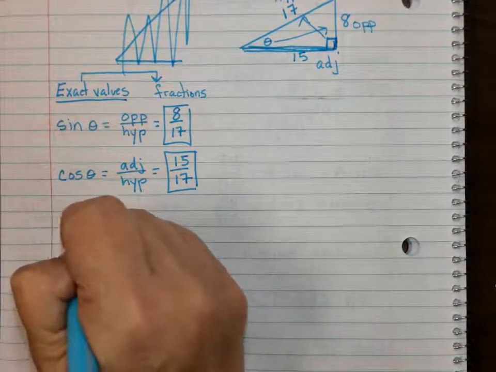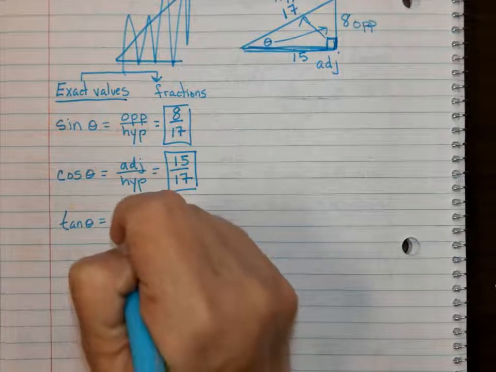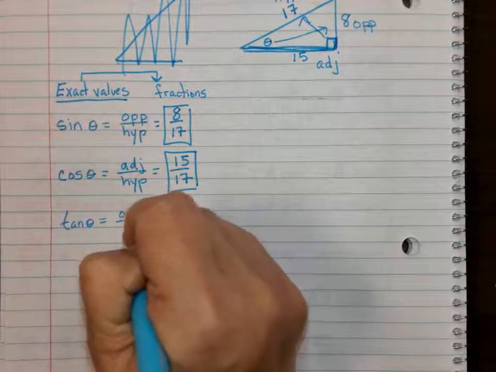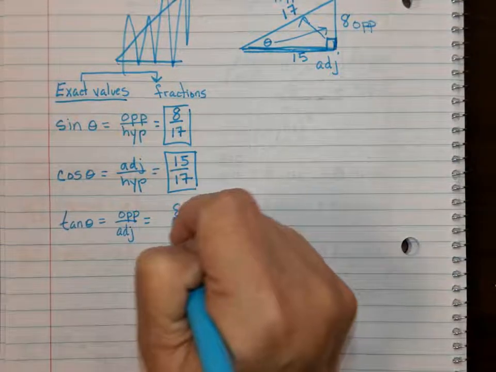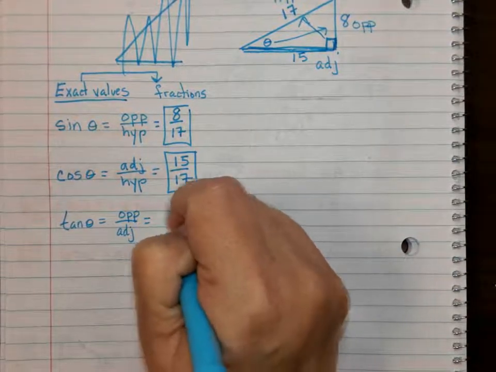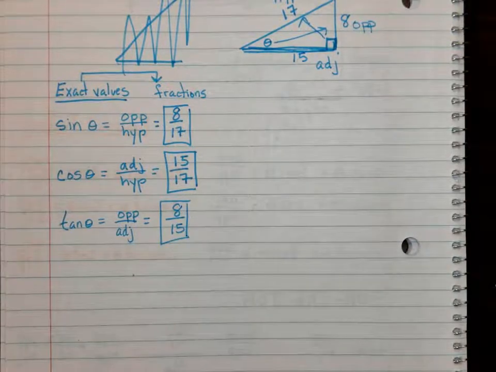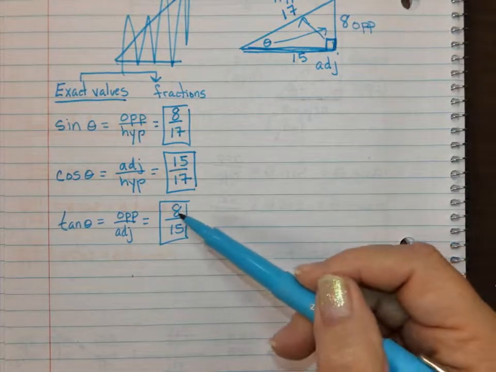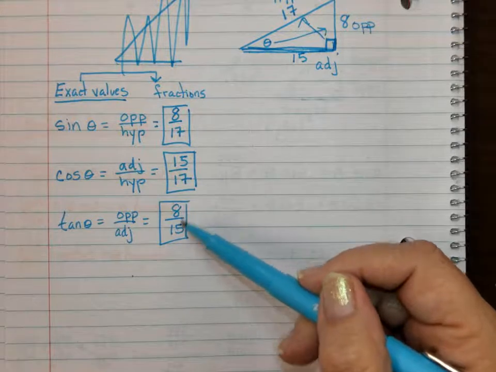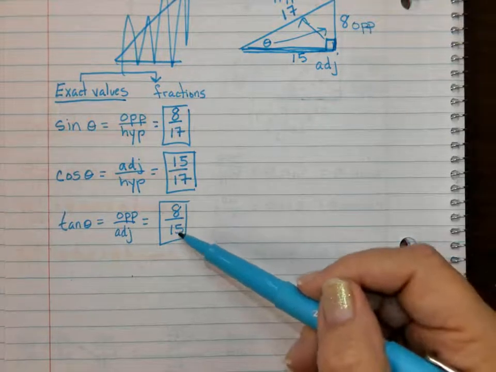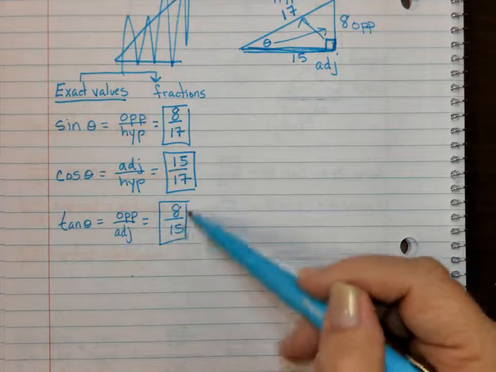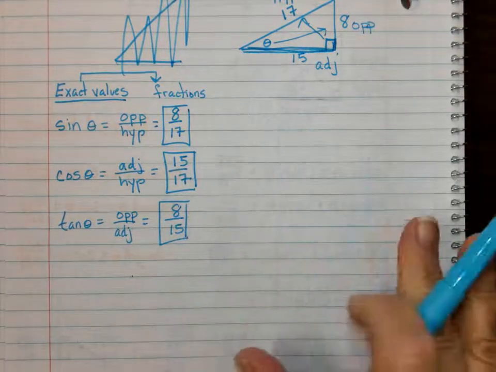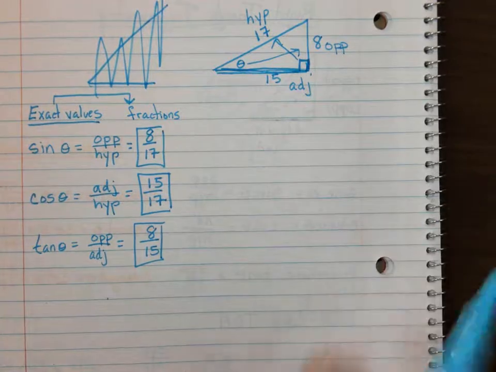Alright, then tangent of theta is opposite over adjacent. So that's going to be 8 over 15. Now, if this fraction could be simplified, like if it were 8 over 12 or something, or 9 over 15, we would simplify it. But we're not going to change it into a decimal.